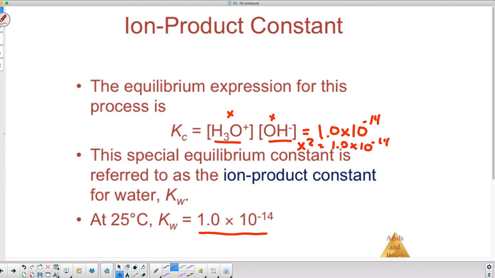If I take the square root of both sides, what I end up with is each one being 1.0 times 10 to the negative 7th. That's both the hydronium ion and the hydroxide ion, 1 times 10 to the negative 7th. That ends up being important later on, which is why we're going to talk about pH next.